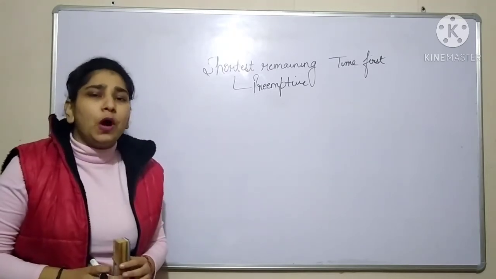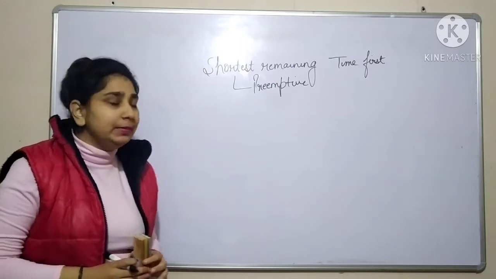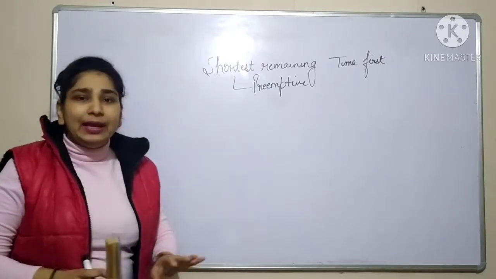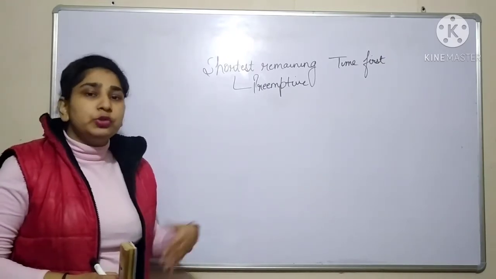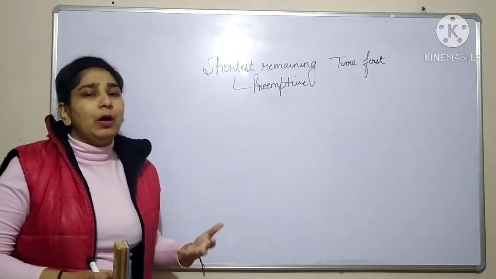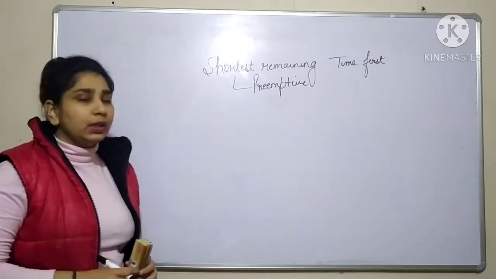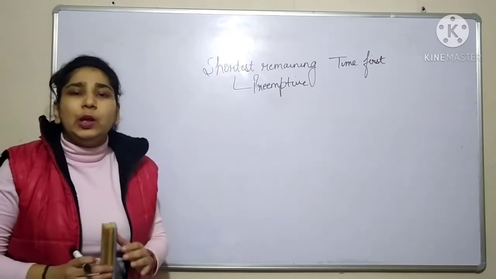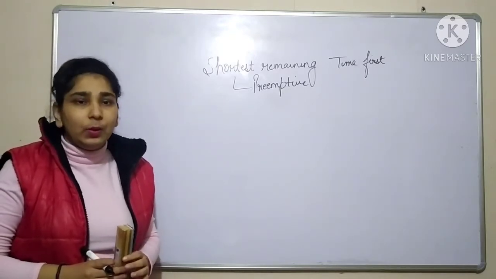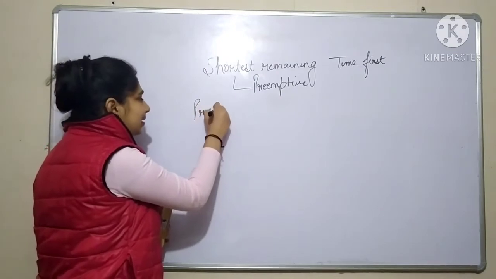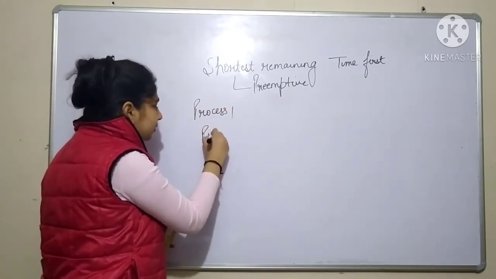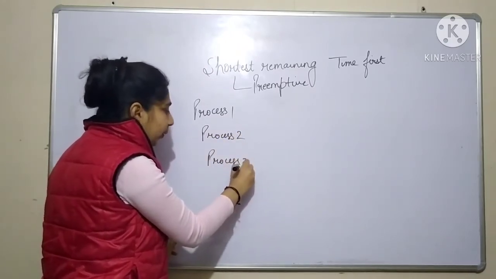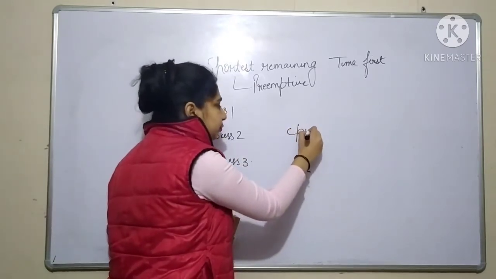If you have watched my last video on round robin, in that algorithm we were allocating one CPU to many processes for an equal amount of time. Let's suppose I have three processes, process 1, process 2 and process 3, and I have one CPU.